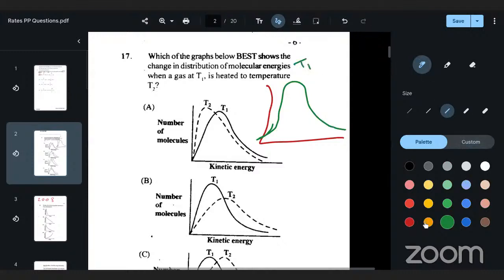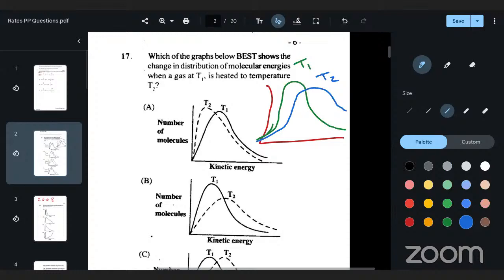And as we know, if we're going to do T2, when we increase the temperature, the peak of this graph must drop and shift to the right. So observe, this would be T2.